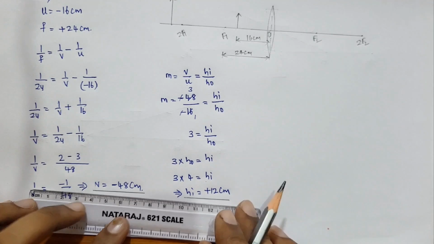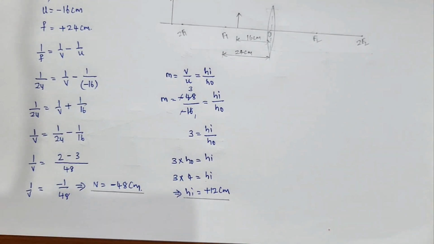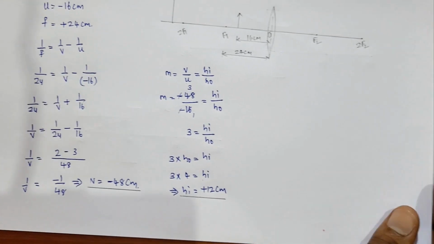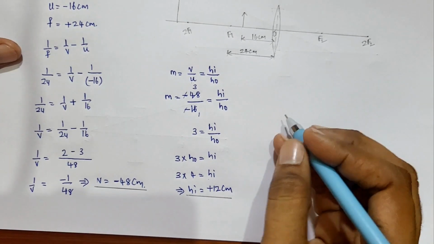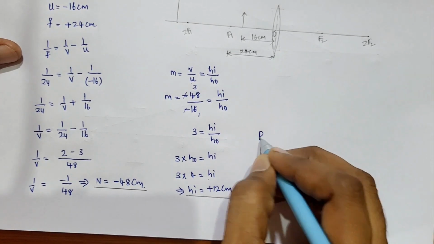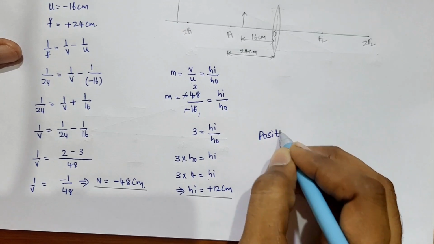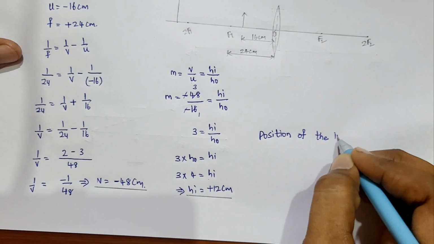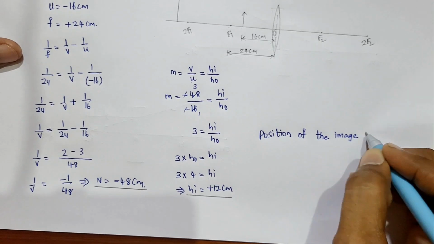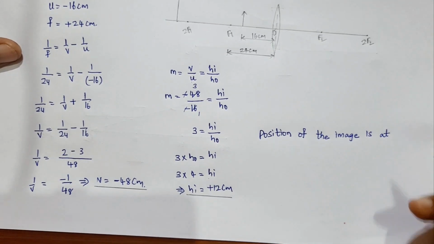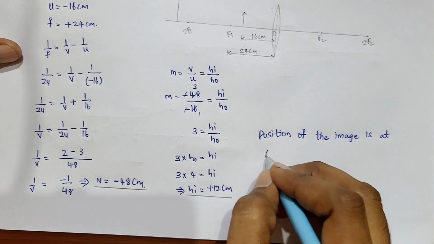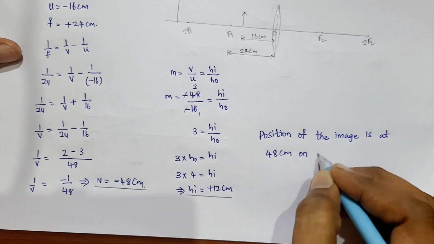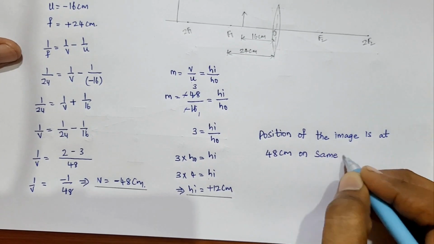image position. After this, if we write the conclusion of the question, we can write here as position of the image is at 48 centimeter on same side of lens.